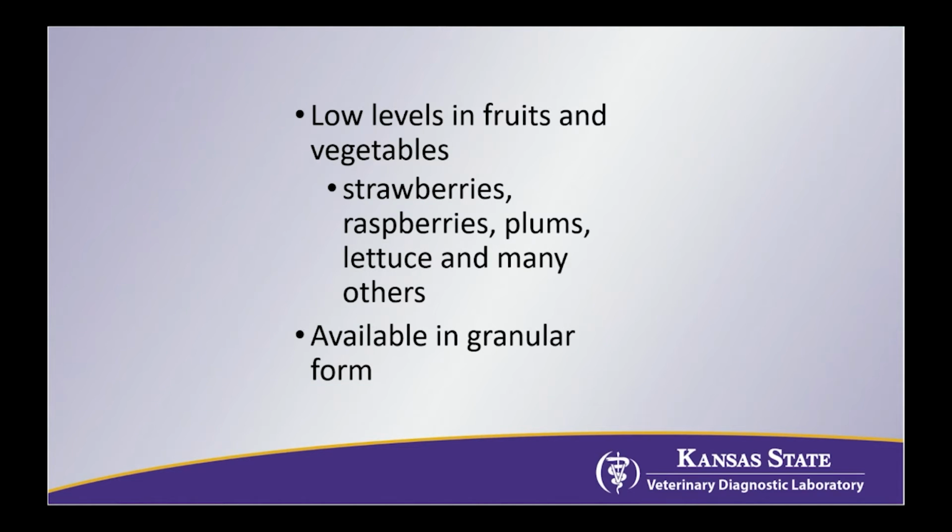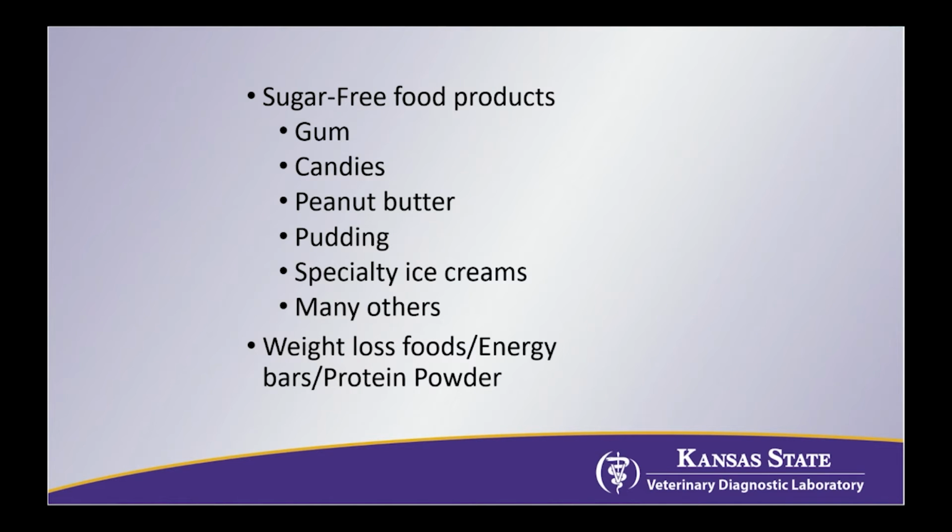Some of these sugars and compounds like xylitol can also be in some normal vegetables and fruits. Typically, when we have issues, they're in other prepared products that animals will get into: the gums, the candy, peanut butter, pudding.